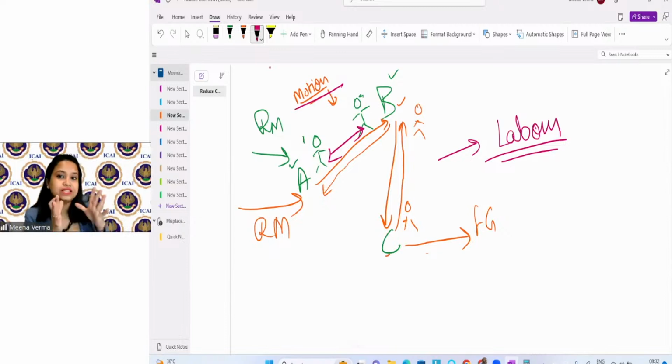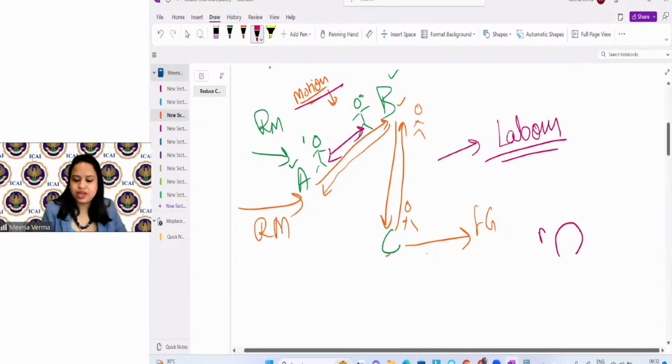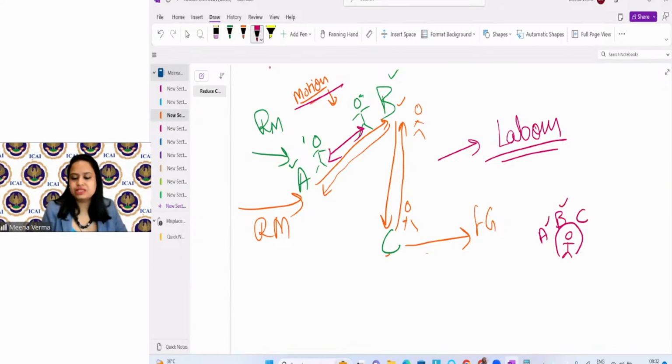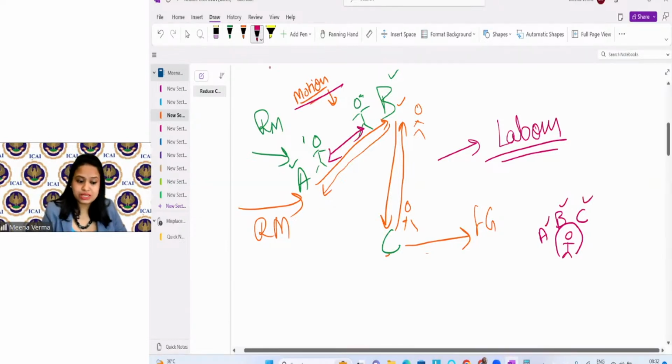Instead of placing the machines far from each other, place them together. If you place the machines together, A, B, C, only 1 person is enough to maintain these 3 machines, grouping of machines. So you can see 1, 2, 3, 4: 4 labor are replaced by 1 labor.